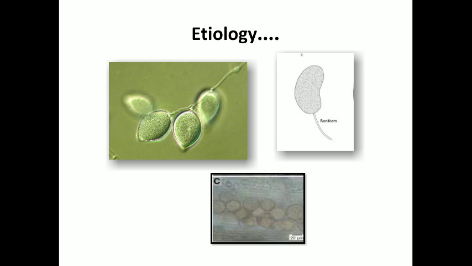Regarding etiology, the mycelium is hyaline, non-septate, and the sporangiophores develop sporangia. Sporangia are hyaline, thin walled and pear shaped as shown, and a typical papilla is seen through which mature zoospores are released.